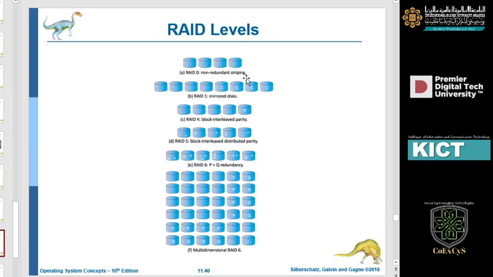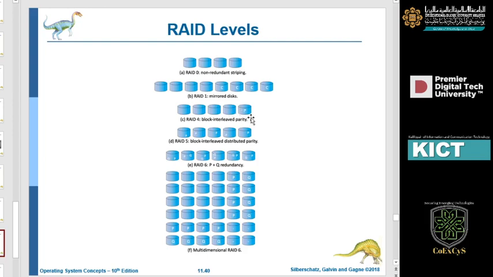So RAID 0 is basically non-redundant, so it's just striping, right? So we consider striping here in RAID 1 with mirrored disks, right? So this is RAID 1, right?